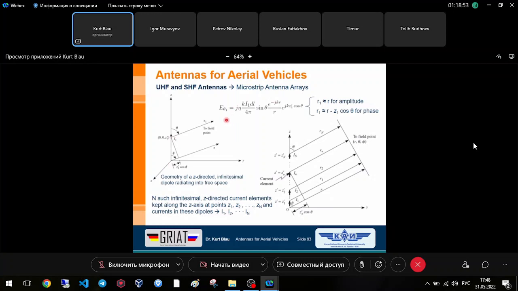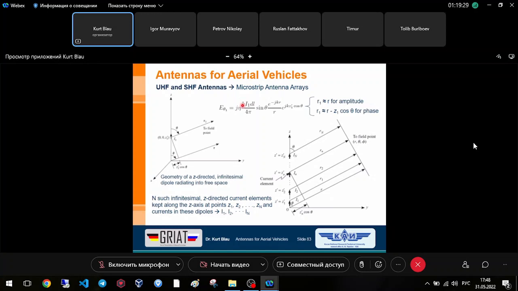This is the E field in the theta direction. This eta is our wave impedance in free space. You know it's 120 pi ohm. We could also write Z0, capital Z, index 0.